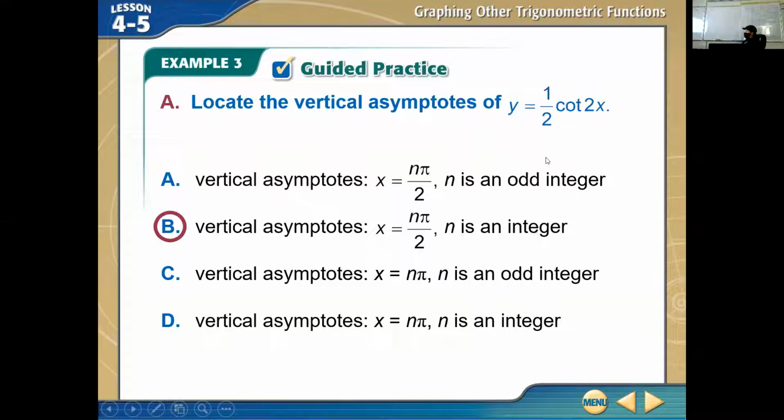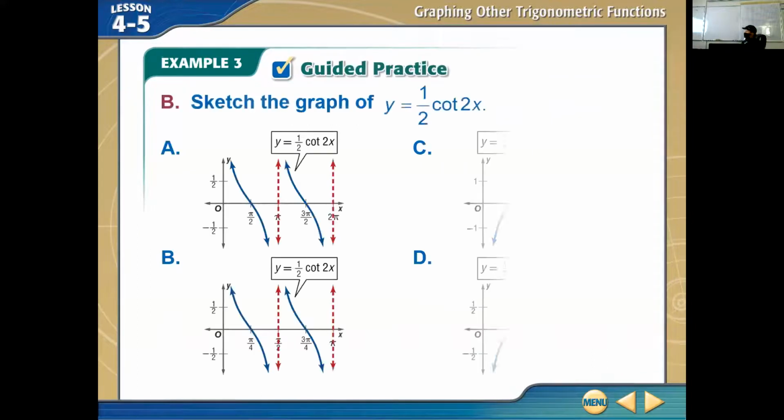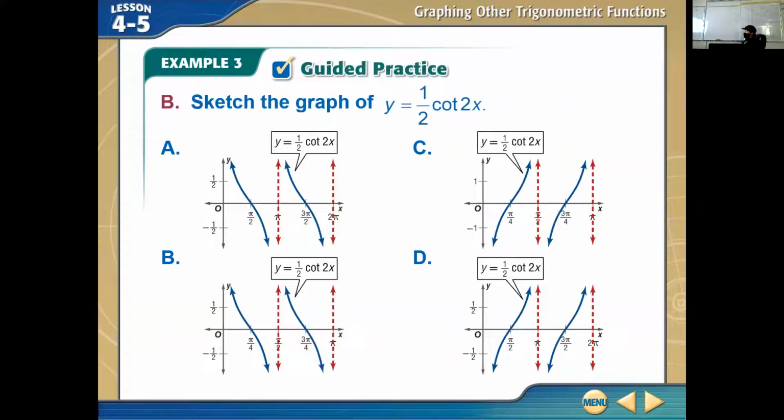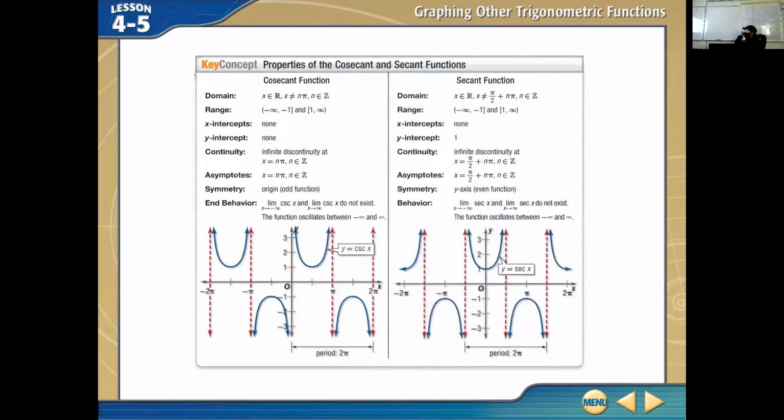So for every pi halves, as the period repeats, we get a vertical asymptote. I'm trying to rush because I've got to get to secant and cosecant, but cotangent and tangent follow pretty well.